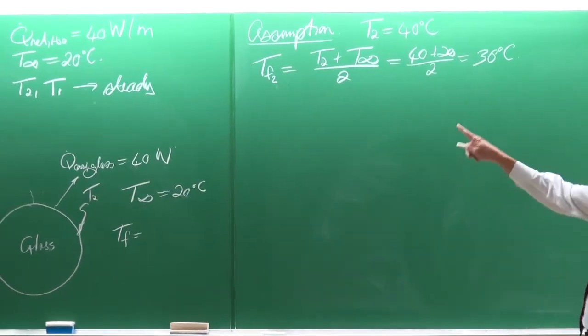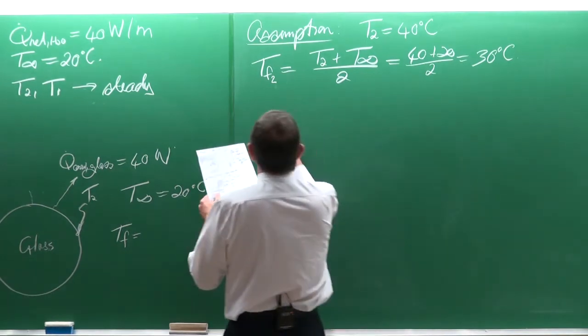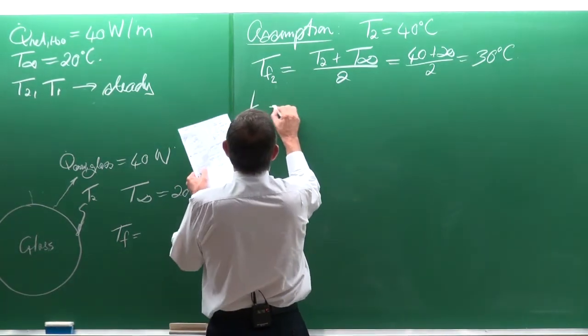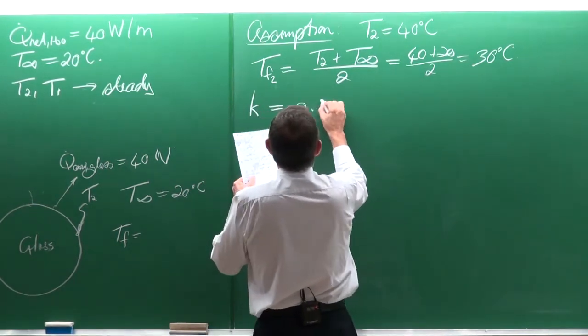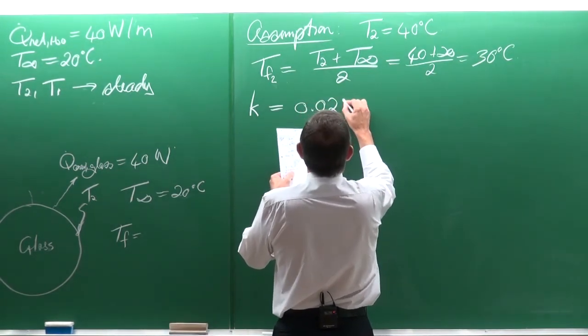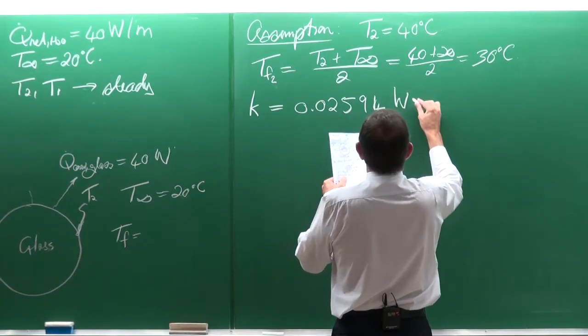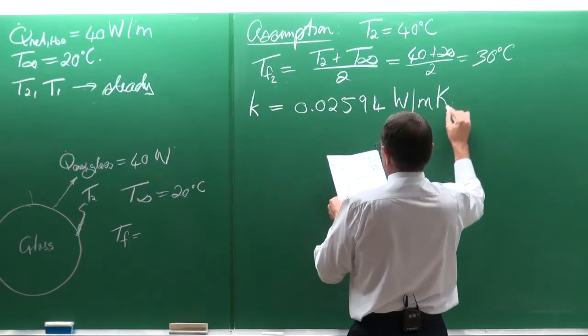Okay, so that is the property TF2, and once we've got that, then we can go and calculate or determine the thermal conductivity, which is at that temperature equal to 0.02594 watts per meter Kelvin.